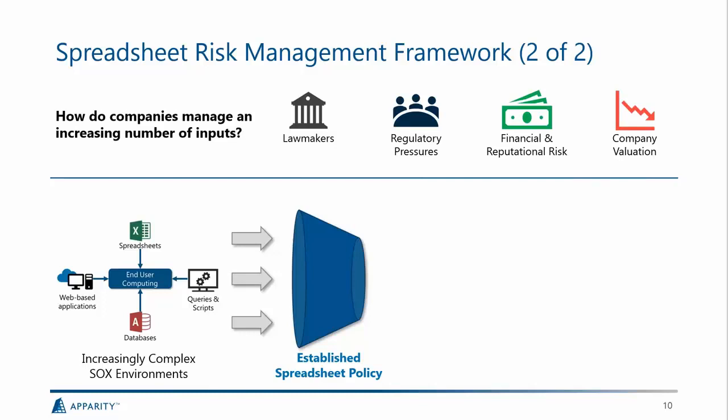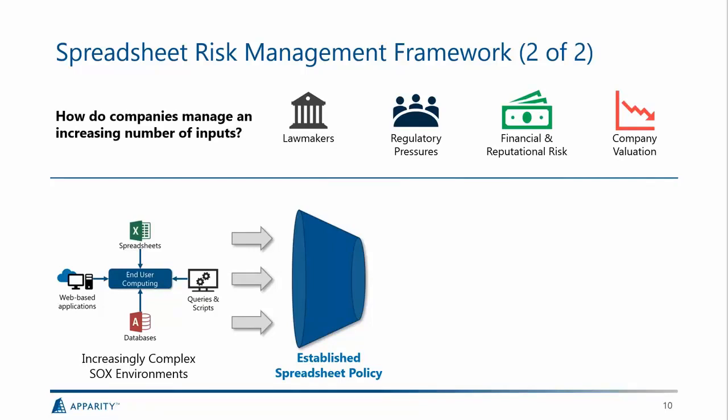So down here on the bottom left, what Apparity really does, and we've grown in this space, I mentioned that spreadsheets truly are kind of our bread and butter, but spreadsheets really aren't built in a silo. And so there's this world, what we call end user computing, that's made up of spreadsheets as well as databases and other applications.